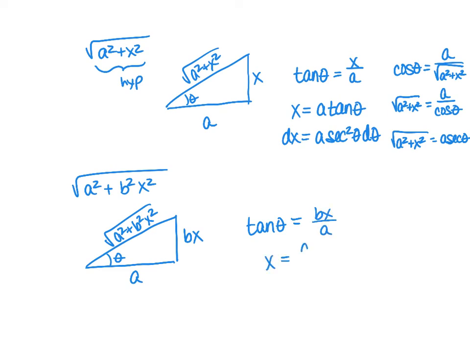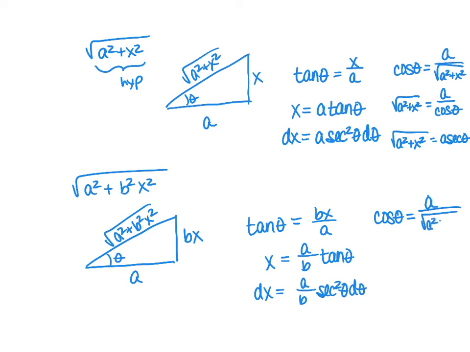So x is equal to a over b tangent of theta. dx is going to be a over b secant squared theta d theta. Just like the last time, this doesn't change anything about our cosine expression that we're going to use to find the radical. We're still going to use the secant.